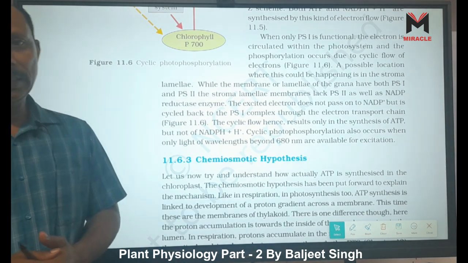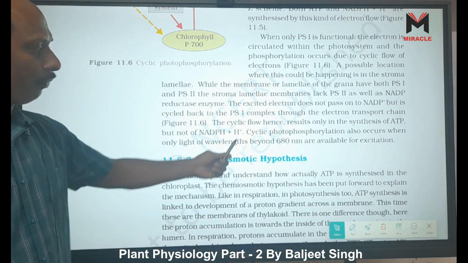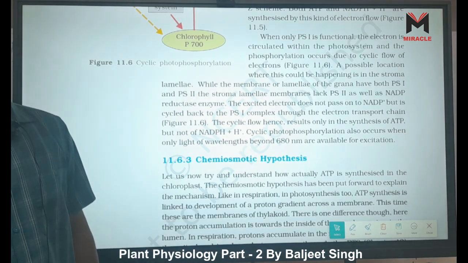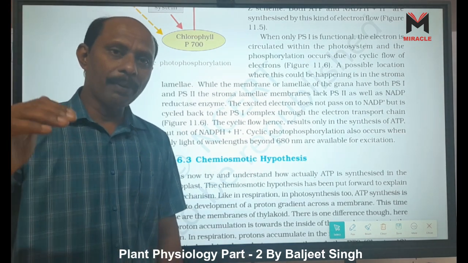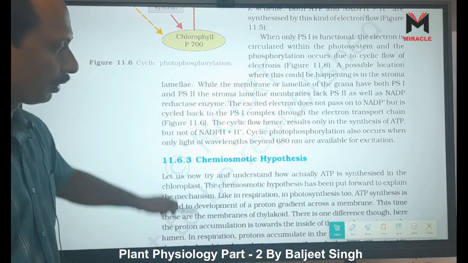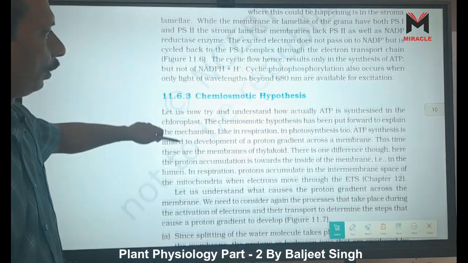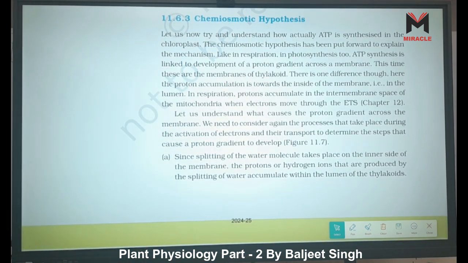That's why only P700 is functional in cyclic photophosphorylation, not P680, because 680 is the maximum wavelength of absorption for it. So do you understand this cyclic and non-cyclic photophosphorylation?